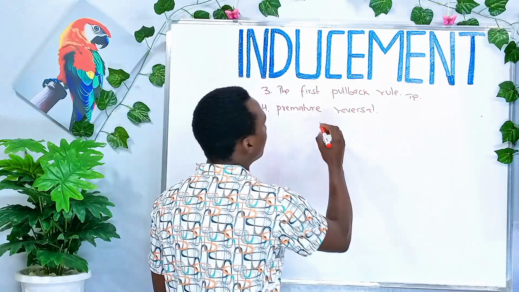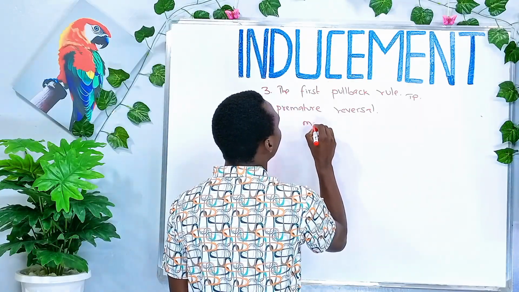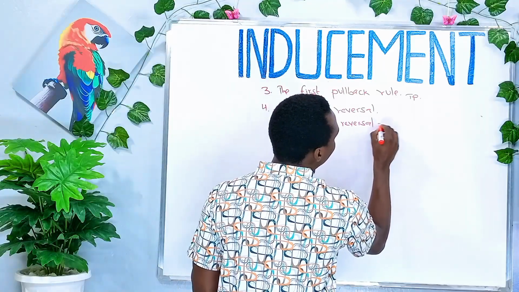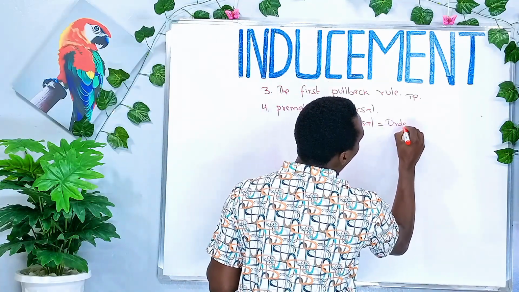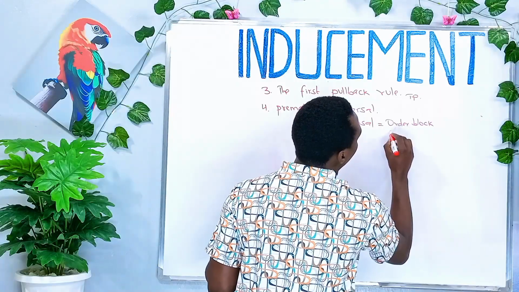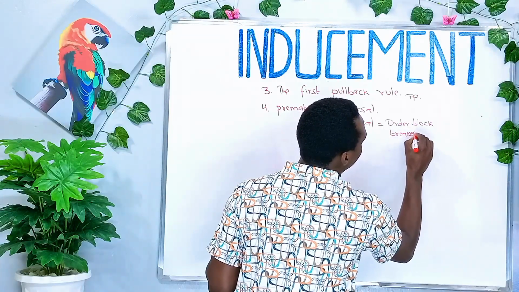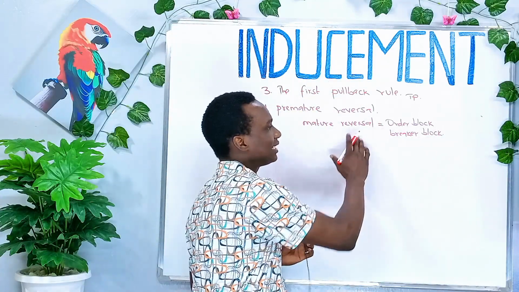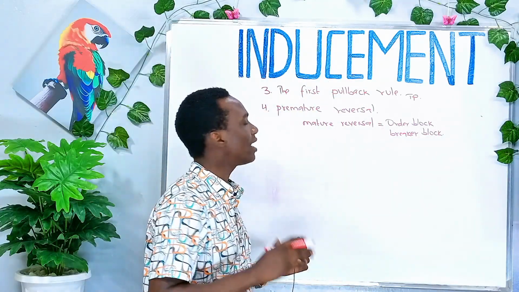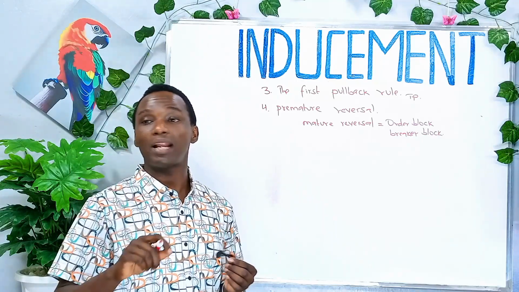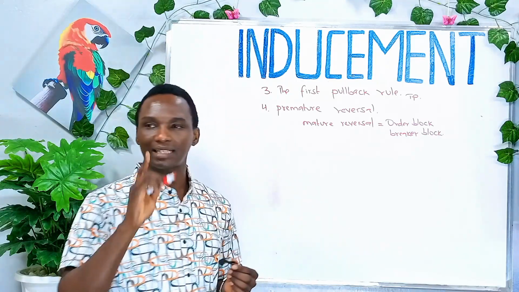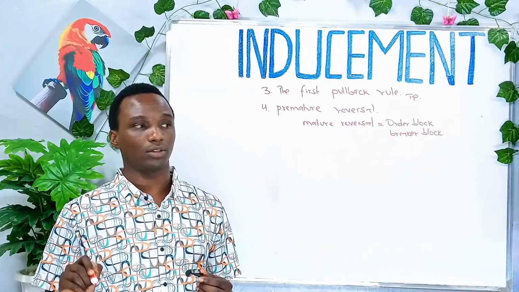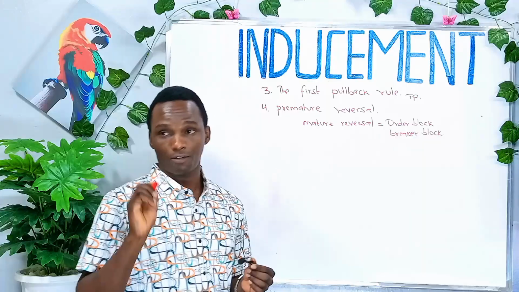Mature reversals occur at either an order block or a breaker block. When this is not the case and you have premature reversals on a supply or demand zone, just know that it could be an inducement level, so you must watch out for that.